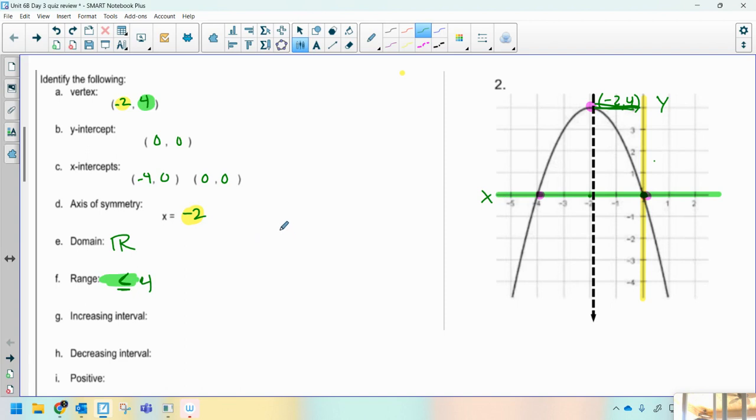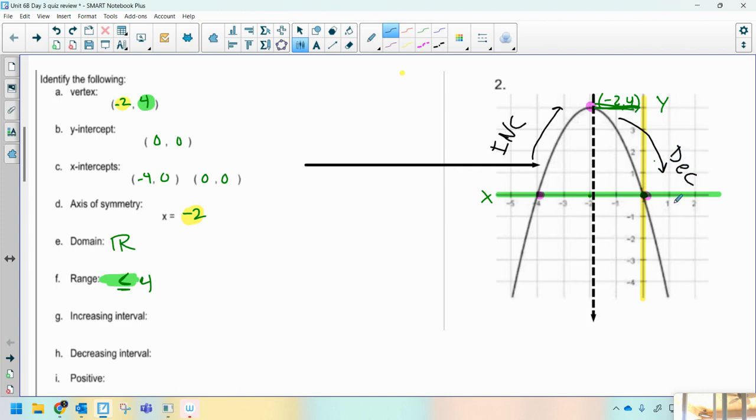Now, the increasing interval. Okay, we are coming in from the left. As soon as we touch the parabola, we are going to go towards our vertex. So let's go towards our vertex over here. And we go towards our vertex by going up. So on this side, we are increasing, which means on the other side, we're going away from the vertex.